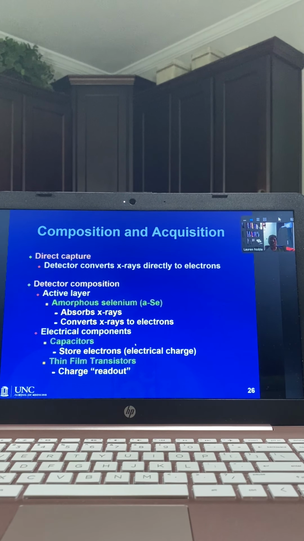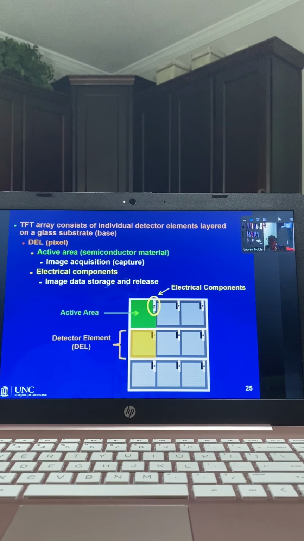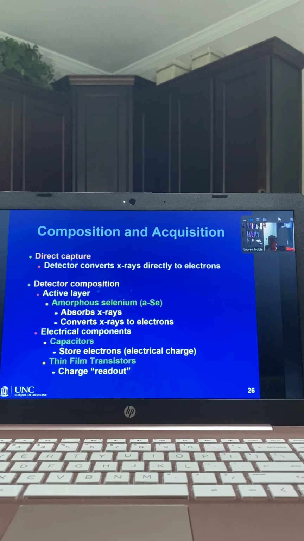So basically what happens is when the X-rays are converted to electrons, the electrons will migrate to the capacitors. The capacitors are these little electrical components here. A capacitor is a storage device. That's what a capacitor is. And then at the appropriate time, those electrons that are in the capacitors in every corner of those DELs will be released.